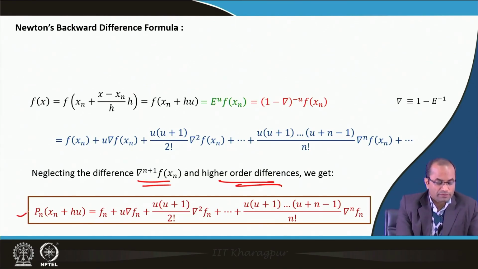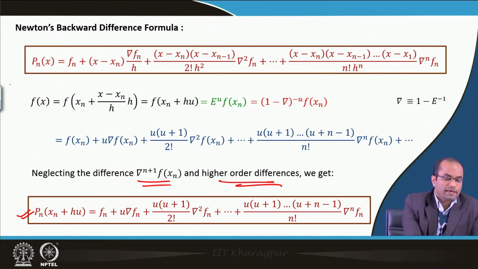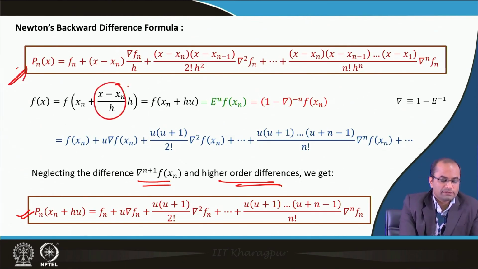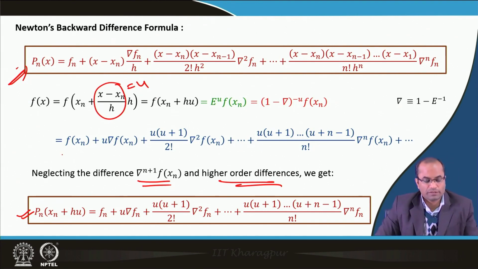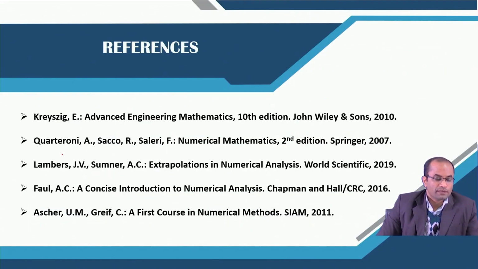So, this is the backward difference formula which can be used now in terms of u, and if we want to get back to x, we can just use this relation that this is equal to u, and we can rewrite everything in terms of x and h. So, this is Newton's backward difference formula.